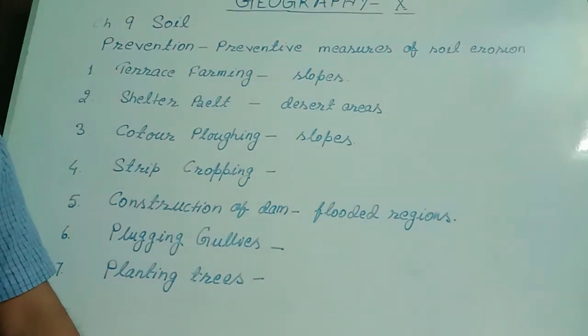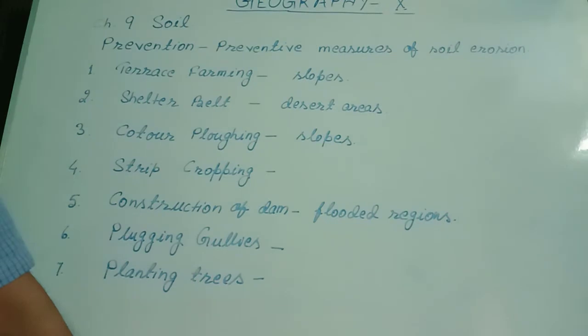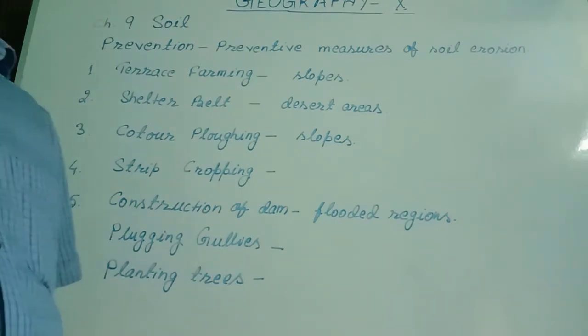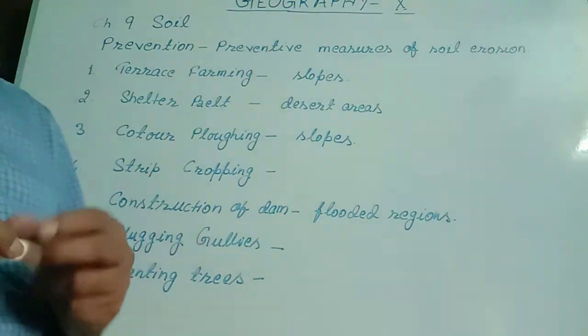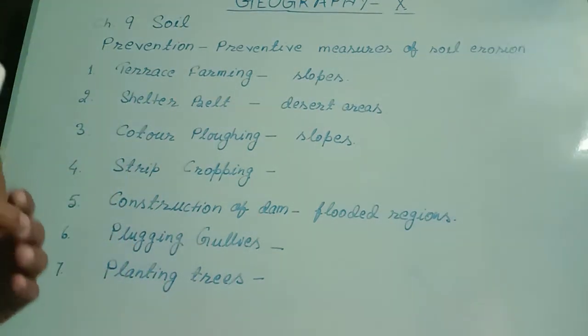and whatever soil is eroded from the upper part of the slope will be collected on that terrace. So there will be no loss of fertile soil of the slope. In this way, the soil erosion may be prevented.